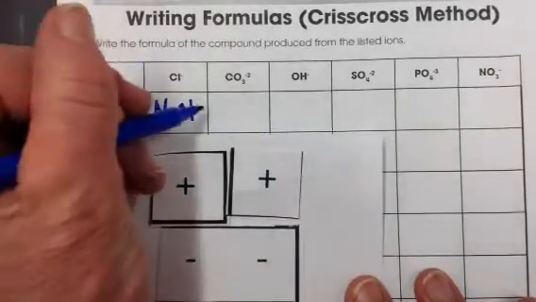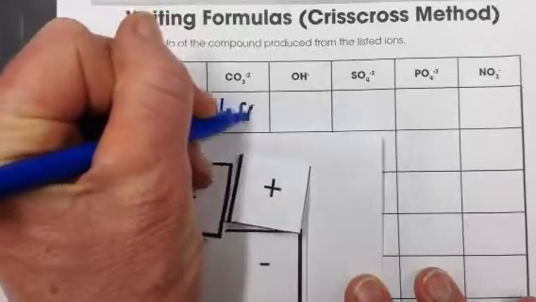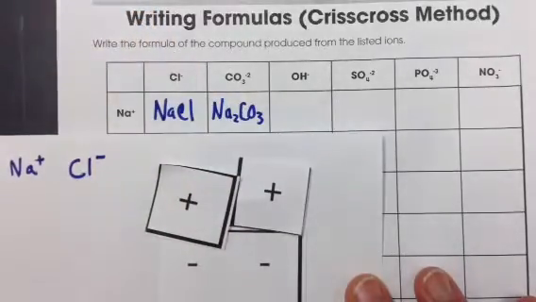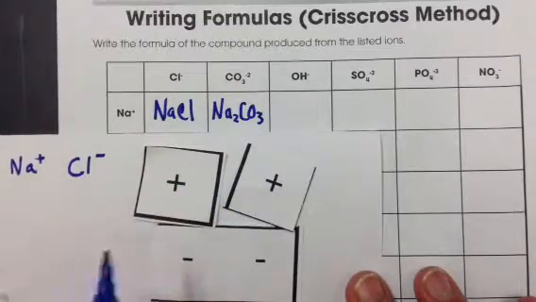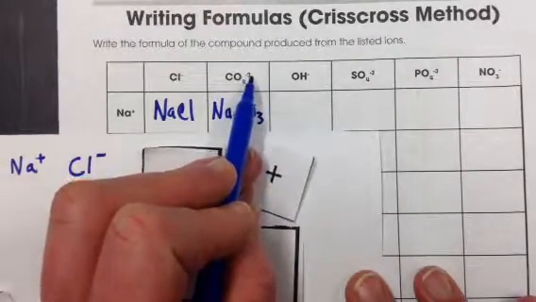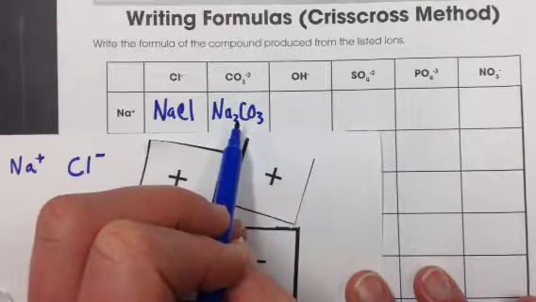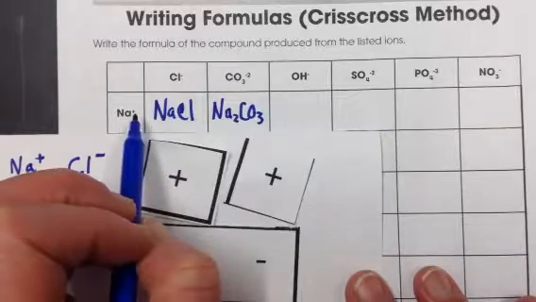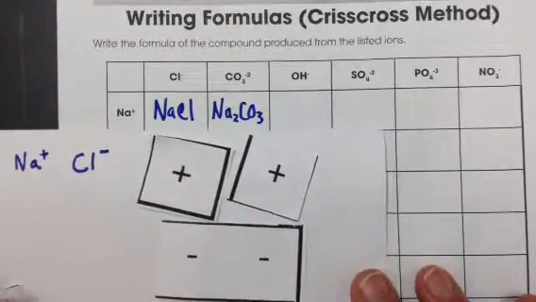So that would be Na2CO3. Now have you noticed that when we do this, the charge on the first one ends up being how many of the other ones we need, and the charge on the second one is how many of the first ion we end up needing.